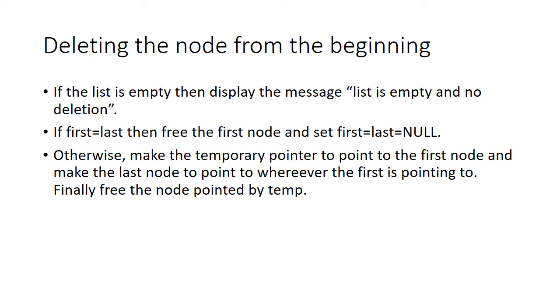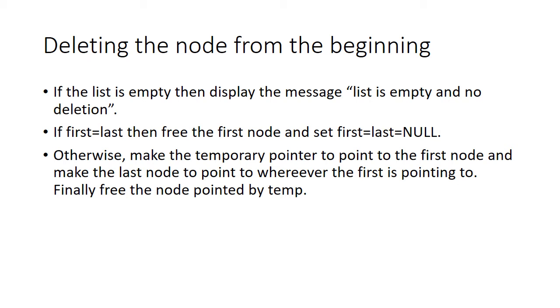If I have such a scenario, then I will remove that node. I will free whatever memory was allocated for this first node, I will deallocate that memory, and since everything is removed from the list, the values of first as well as last will be initialized to null.